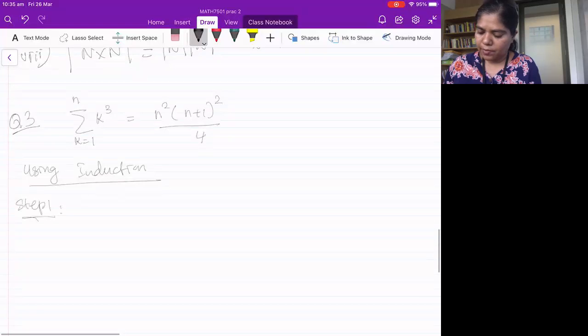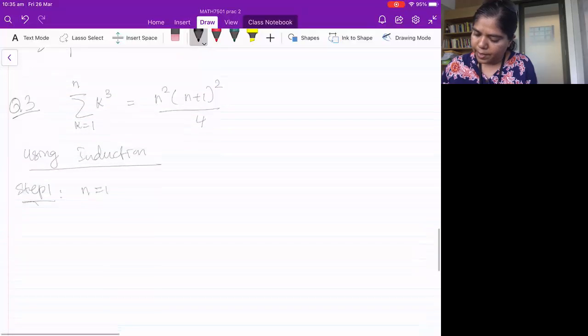So let's do the first step, which is the basis step. Okay? Check whether it is true for n equals 1.